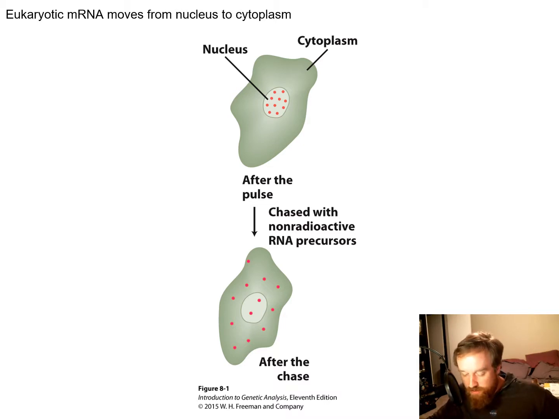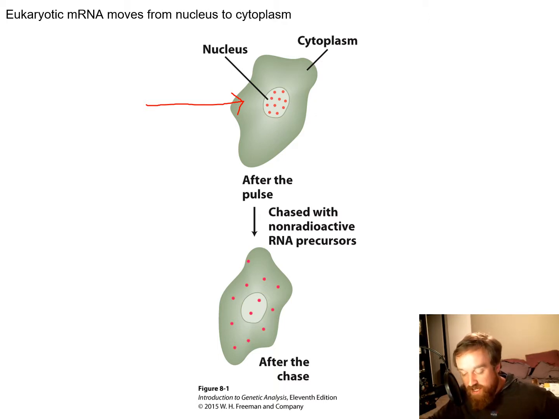And what the scientists ended up seeing was that right after removal from that radioactive uracil media, we could use, again, a kind of Geiger counter or a radio-labeled paper that would show us where radioactive material was, and we'd see that all the mRNA was in the nucleus.